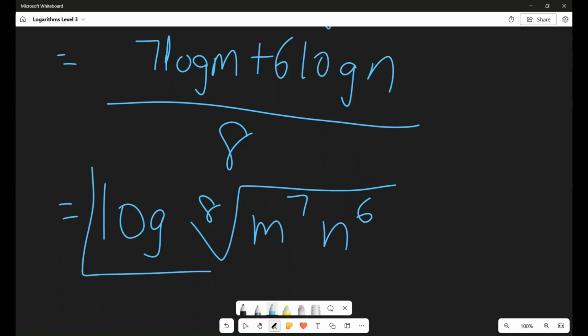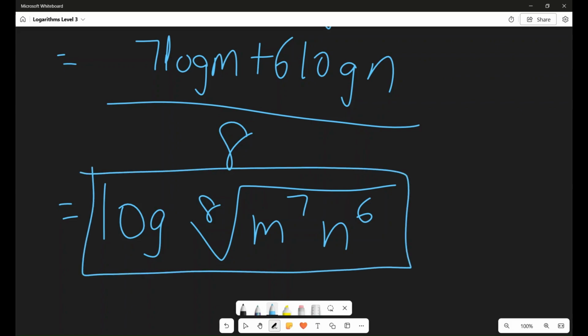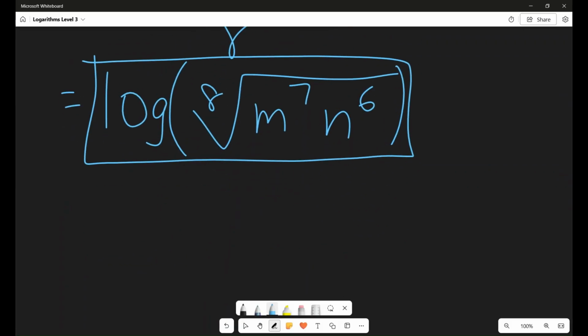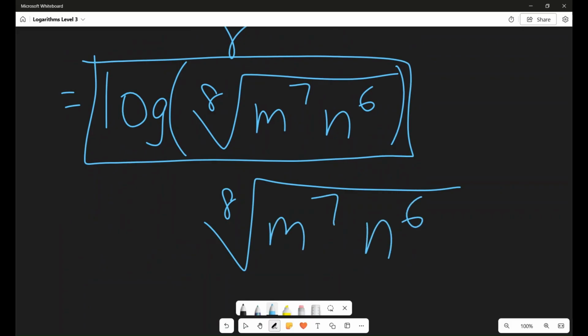And we want to minimize this. So when will this be minimized? When the value inside the log is minimized. So let's just isolate that. And now we have something a little cleaner that we can work with.